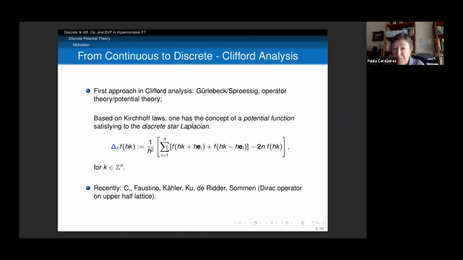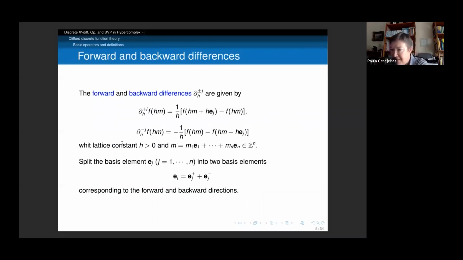Now, the problem you have here is that this is a scalar operator, and you still have to construct the Dirac operator, a kind of factorization that is an analog of the gradient operator. For that factorization, the main problem with the discretization is that you don't have the limit case anymore.